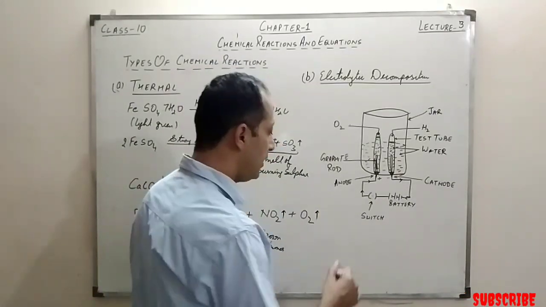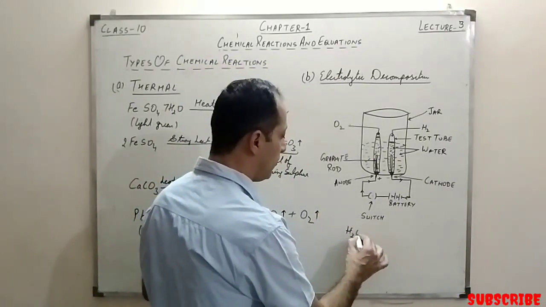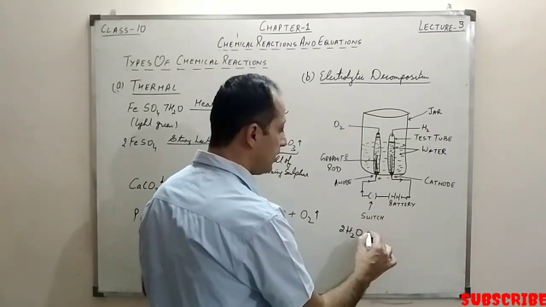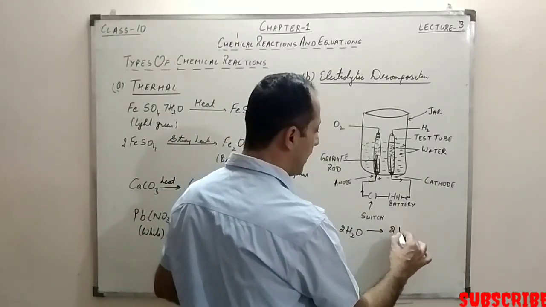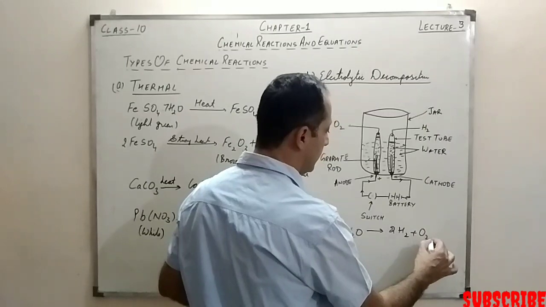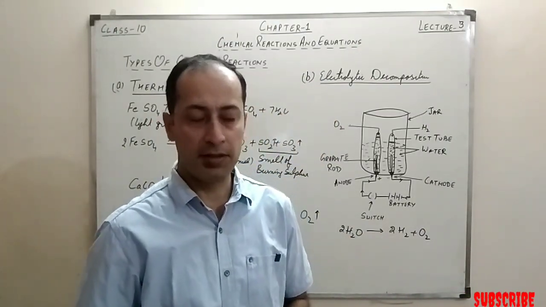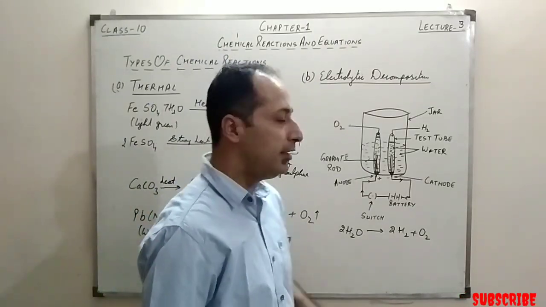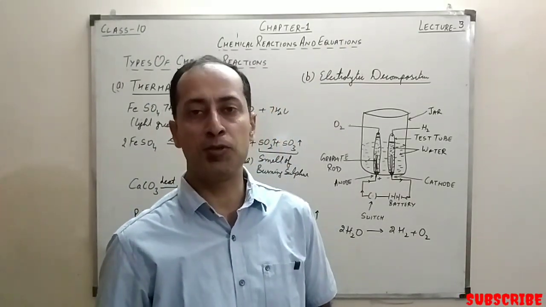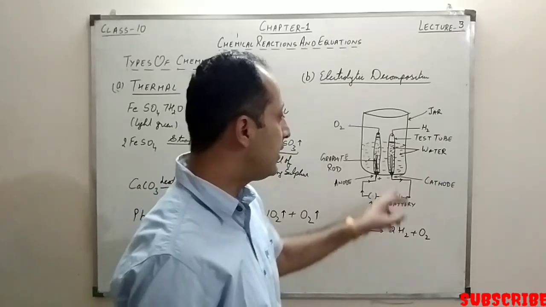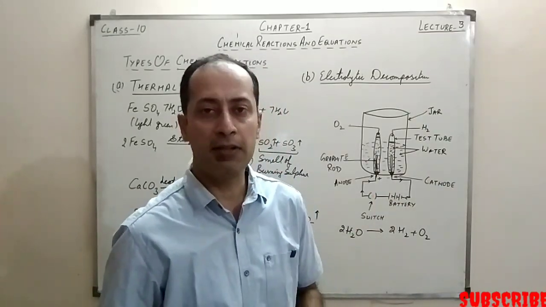If we see the reaction of water, H2O, when this water breaks down, it forms hydrogen and oxygen. Now we know normally hydrogen forms positive ions, right? So these positive ions will always go to the negative electrode, that is towards the cathode, that is the negative electrode.